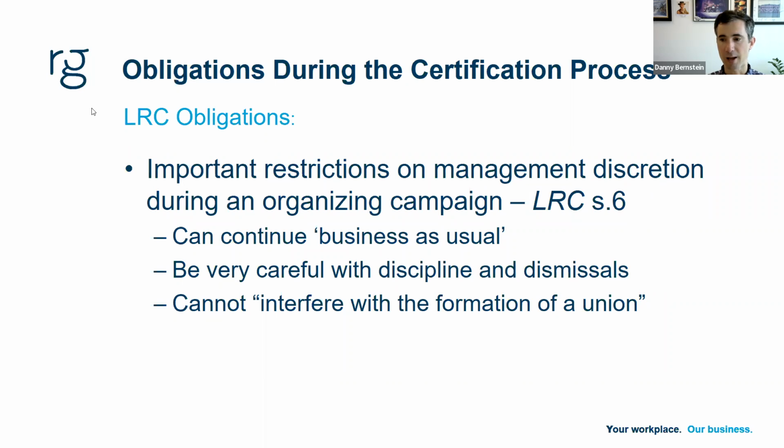So they don't have free reign. For example, they can't just come onto your business and interfere with your workplace. But you do have to be very careful that your actions are not seen as interfering with the formation of a union.